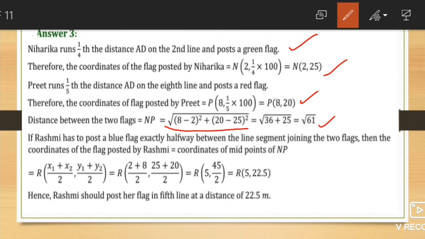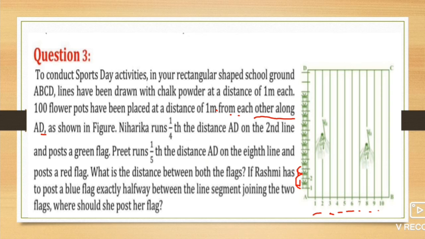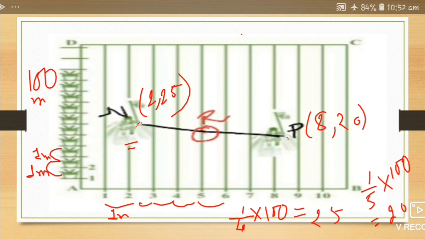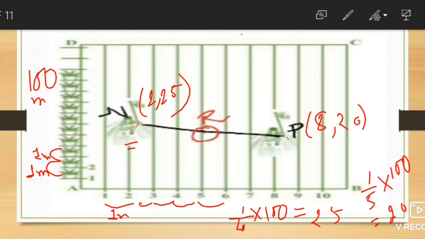Now the second part was, there is another girl, Reshmi, who posted a flag in the middle of NP. That means R, or Reshmi, stands at the midpoint of NP. That means Reshmi divides the NP segment in 1:1 ratio.